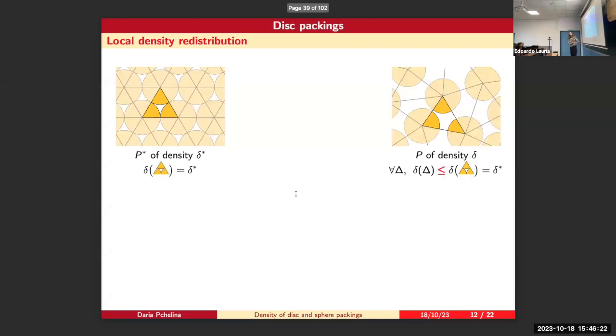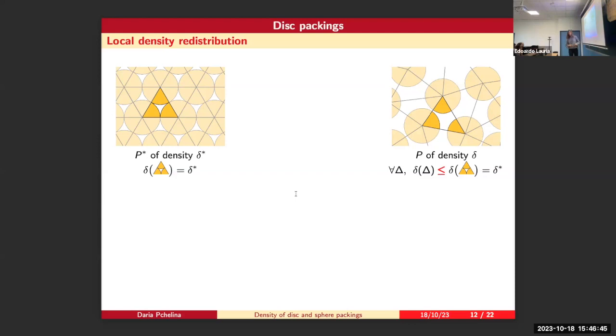You can notice that it actually consists of identical triangles, like this one. We call it tight because it's constructed by 3 pairwise tangent disks. And so the density of the whole packing will be actually equal to the density of this triangle, delta star.